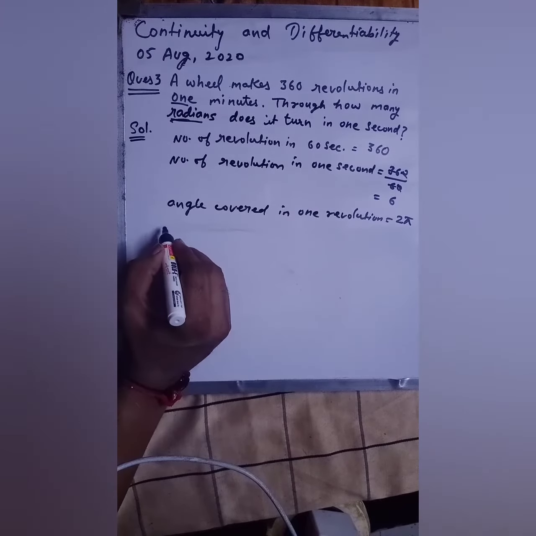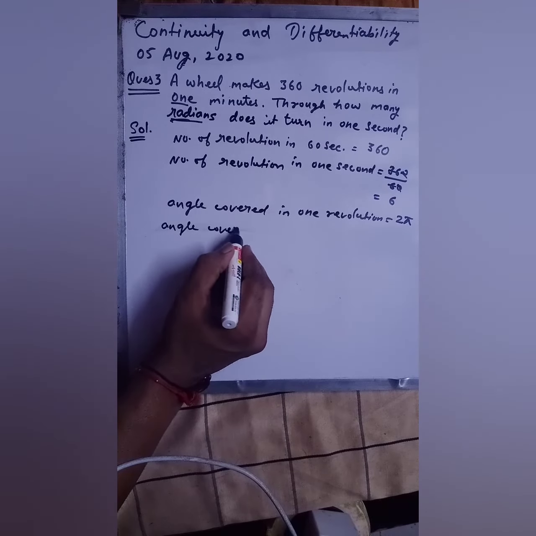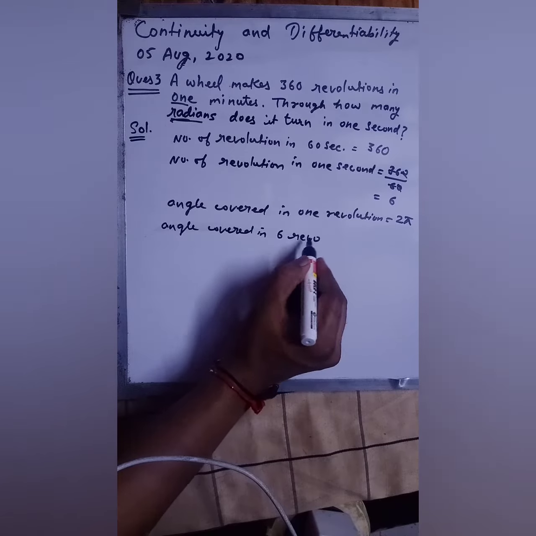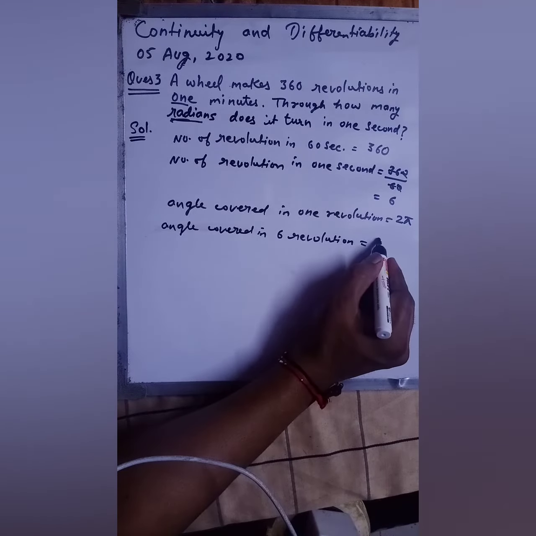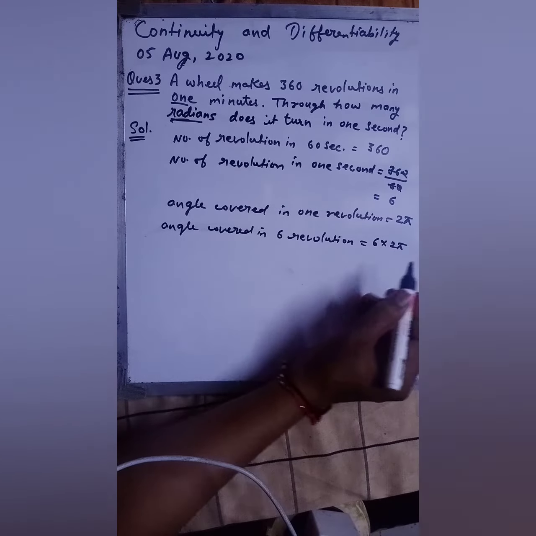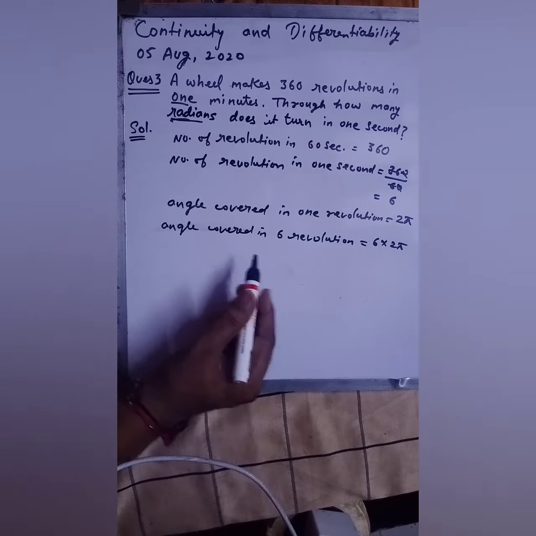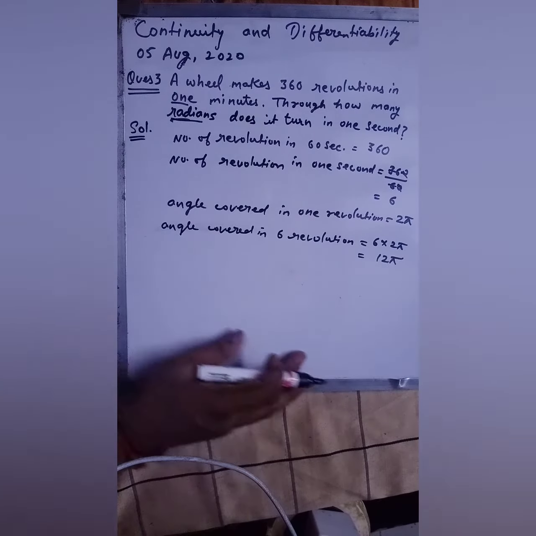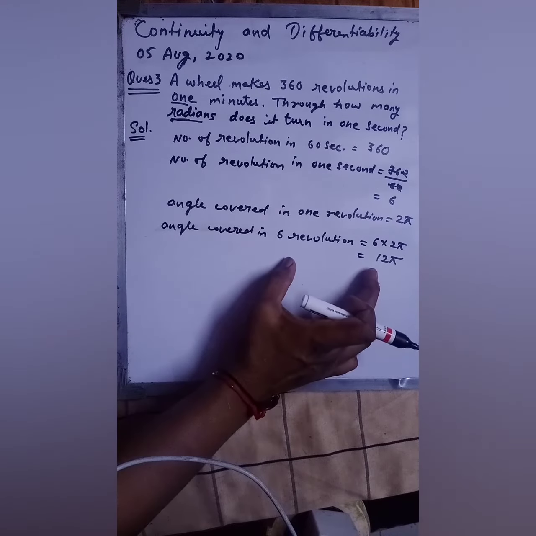Now you have to write angle covered in 6 revolutions, that is equal to 6 into 2 pi, that is 12 pi. Okay, so this is your final answer.